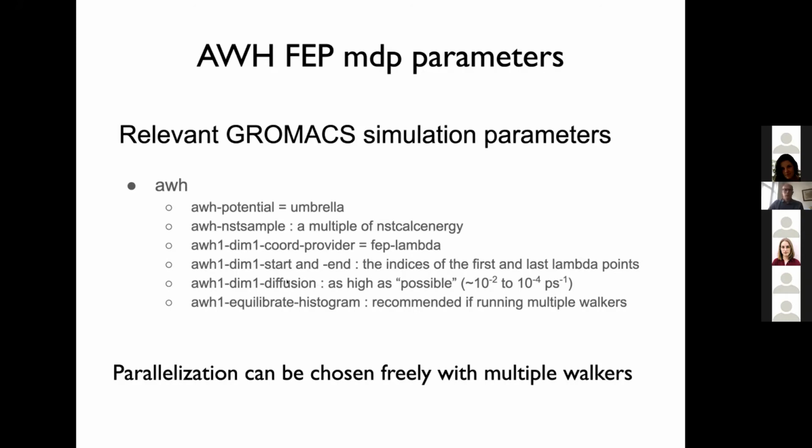You again need a diffusion constant, which again should be as high as possible to make things move, which goes together with the error as before. Nothing different there. And there's this equilibrate histogram option, which I haven't discussed before. That's a detail important if you have multiple walkers to make sure that they sample the whole landscape. And again, the parallelization can be chosen freely with multiple walkers.